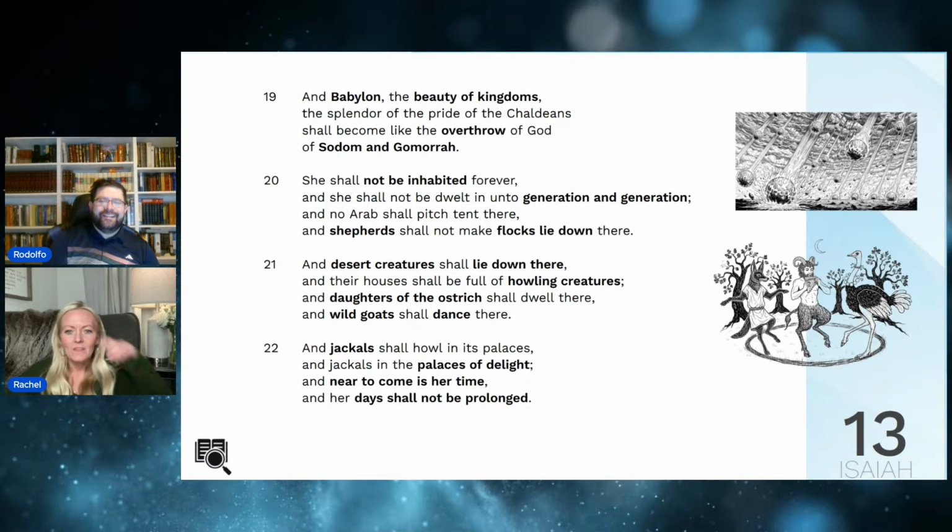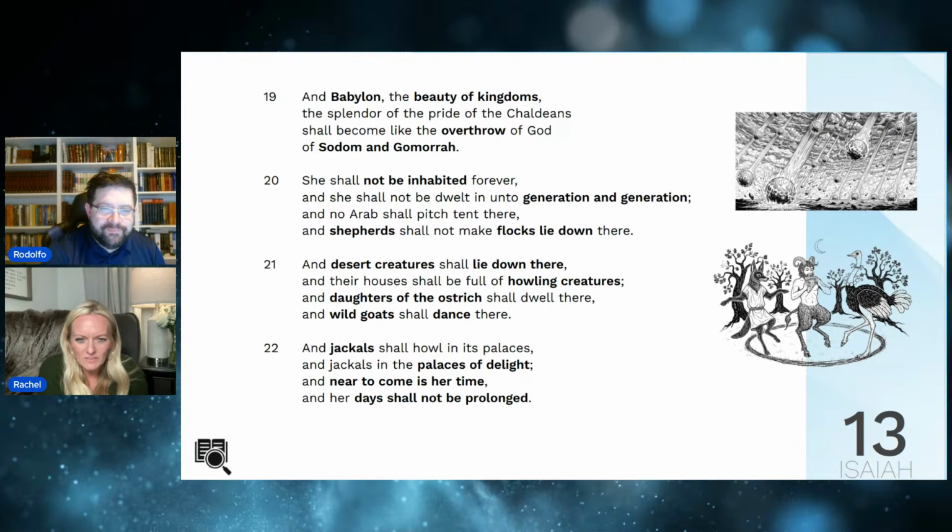Okay, so here's Babylon, in the last 4 verses, coming to this conclusion of being totally destroyed, so that nothing inhabits it but these specific weird creatures that howl.